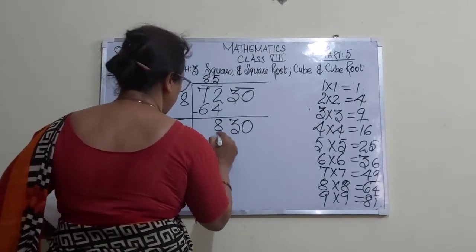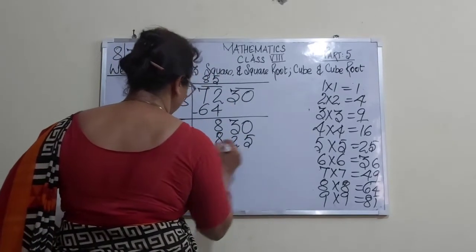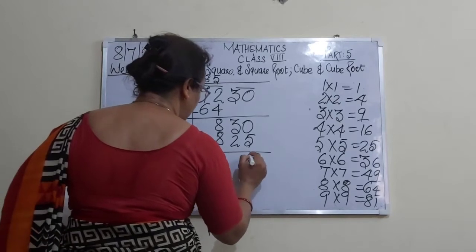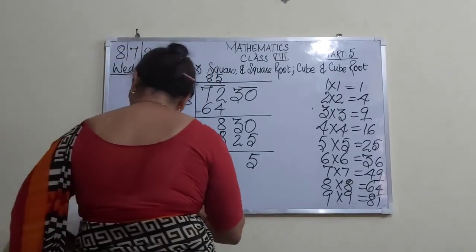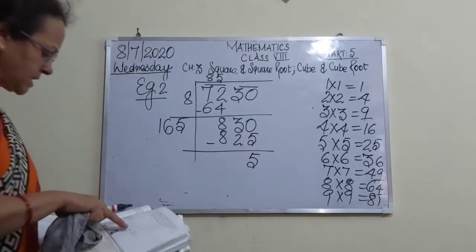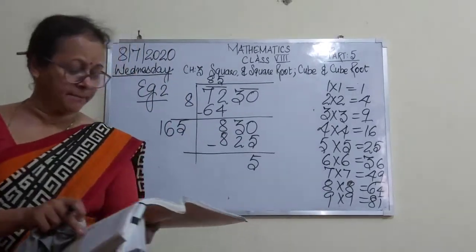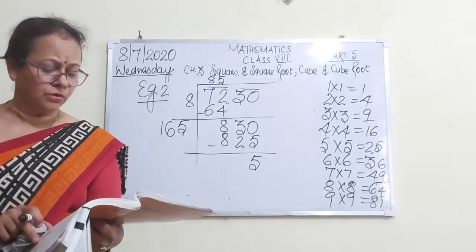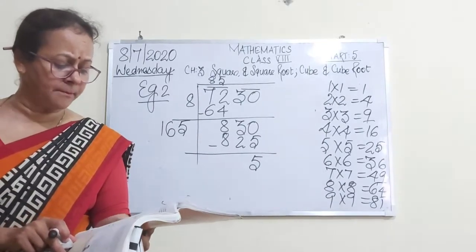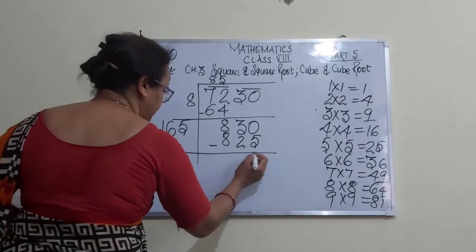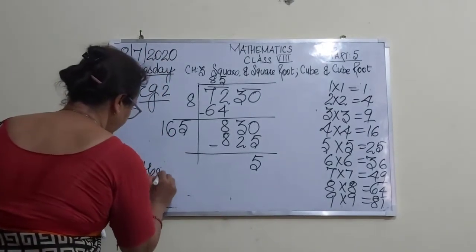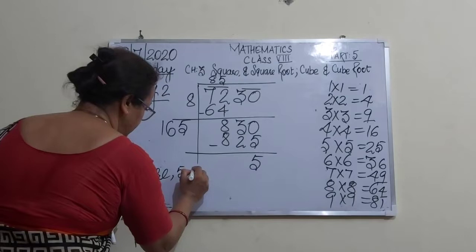This is 7225. What is the remainder? 5. But they are asking the question: find the smallest number that needs to be subtracted from this so that it is a perfect square. So what will be subtracted? 5 is the remainder.